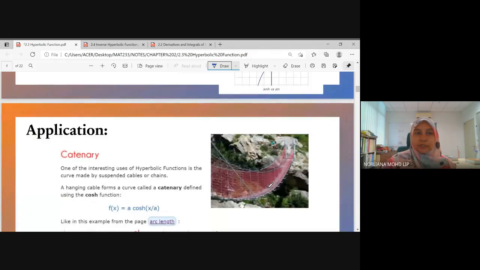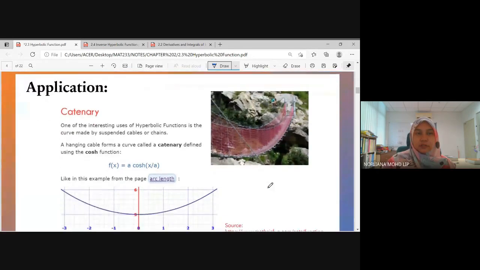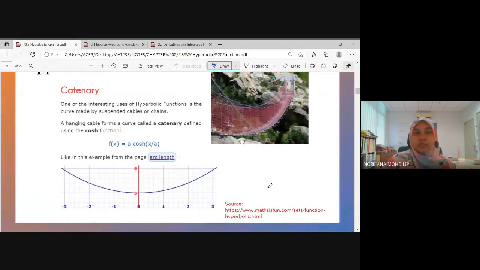Okay, so what is the application for this hyperbolic function? Normally the application is involved in catenary. One of the interesting uses of hyperbolic function is the curve made by a suspended cable or chain.